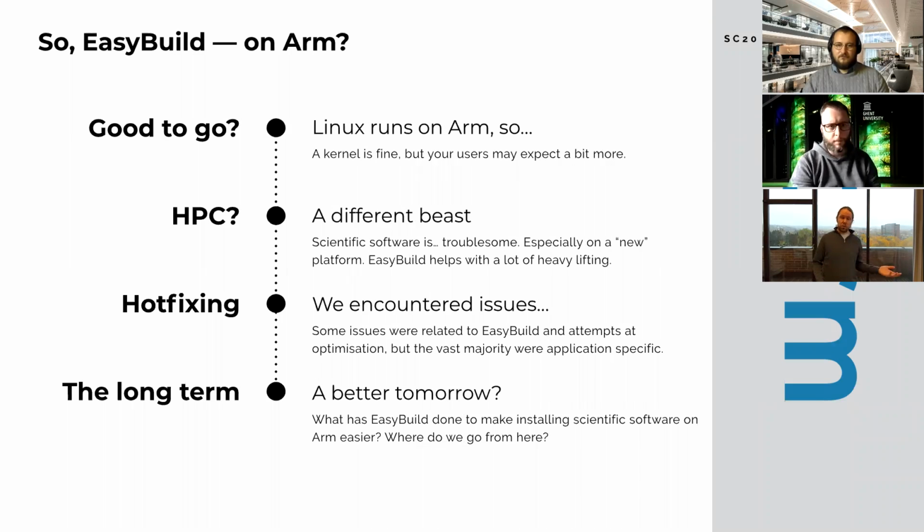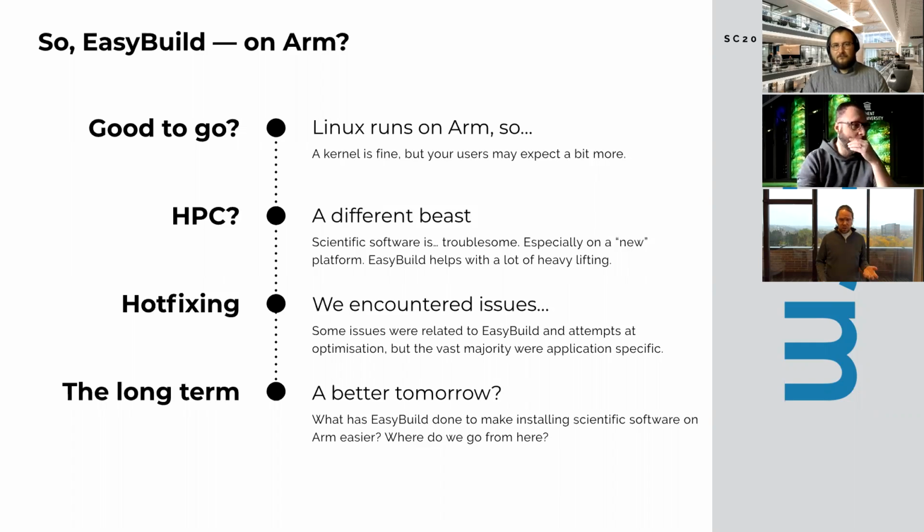And the other half of the puzzle, ARM. Now, Linux works on ARM, so things should just work, right? Well, HPC software is written by researchers with limited development experience.